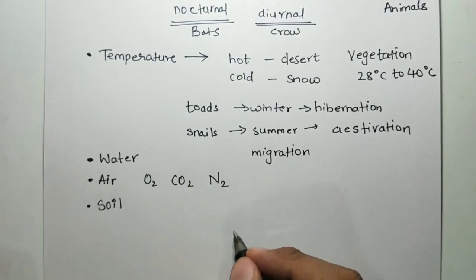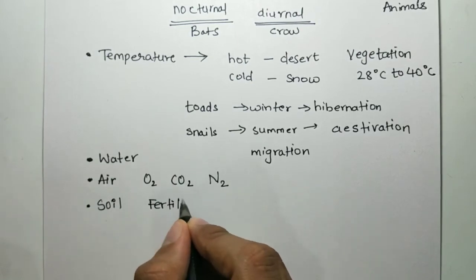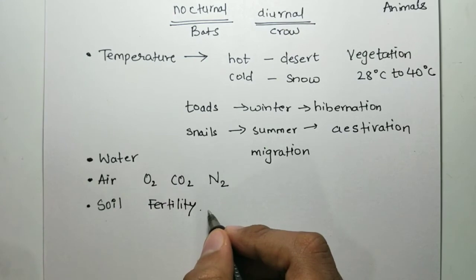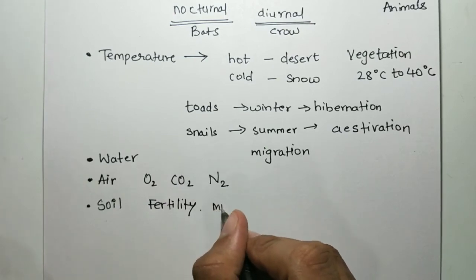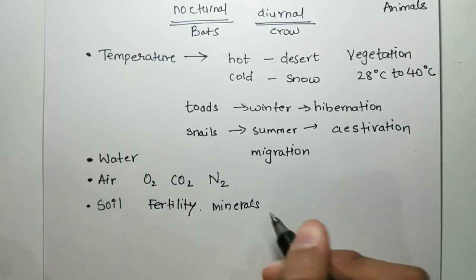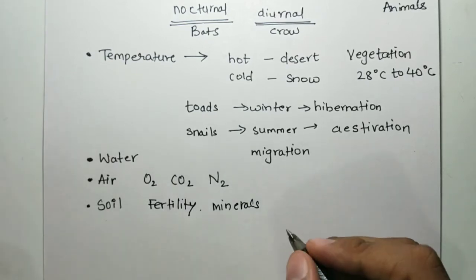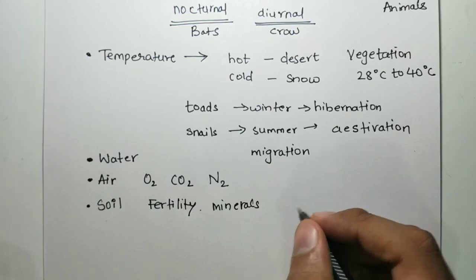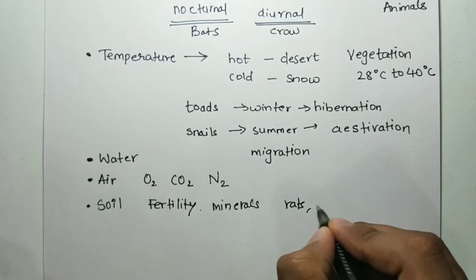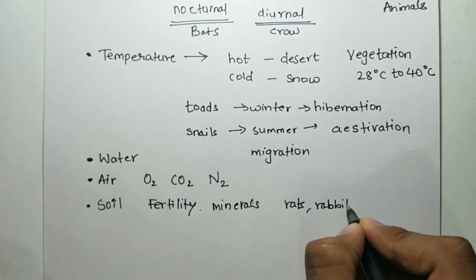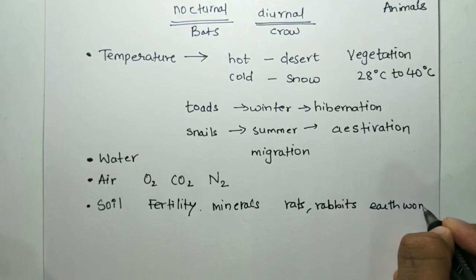Soil is also very important to maintain fertility, because it will help us to grow crops. Okay, soil should have minerals in them. Then many animals have their homes inside the soil, like rats, rabbits, earthworms. They live inside the soil.